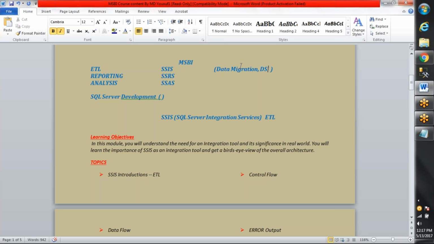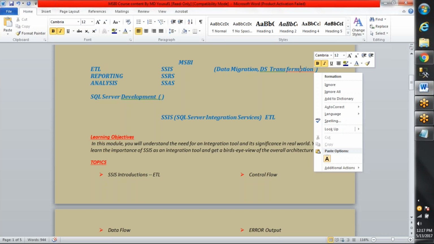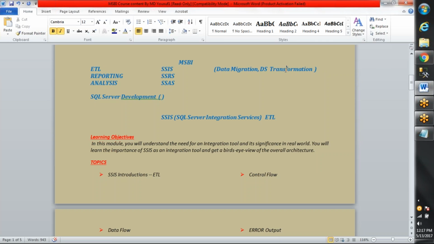This type of data scrubbing is also part of this ETL process, which we refer to as transformations. So T stands for transformation only. Transformation is a process of either scrubbing the data, doing a conditional check, or doing a data validation before you load the data into the destination.